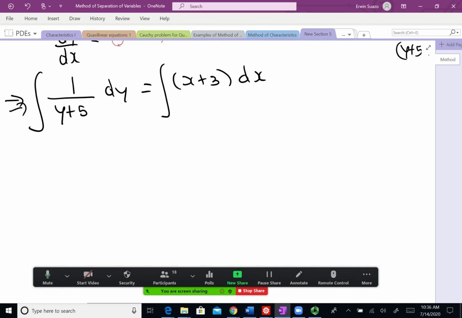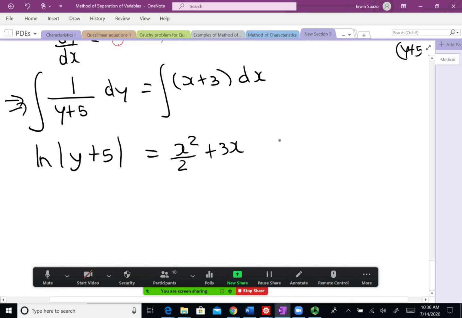Yeah, that's the antiderivative. This is ln of the absolute value of y plus 5, and the integral on the other side is x squared over 2, plus 3x plus a constant, and the constant is for both of them.